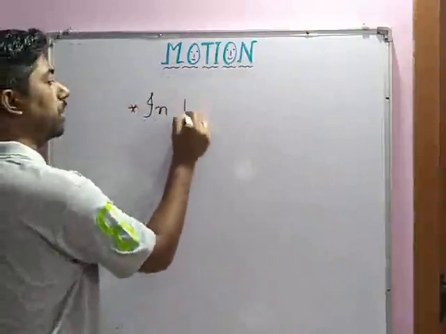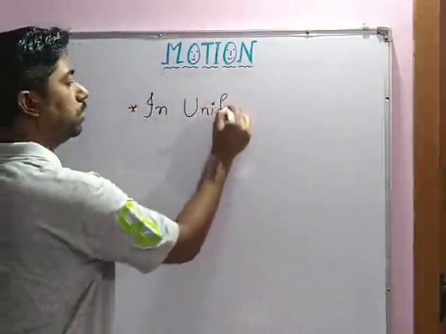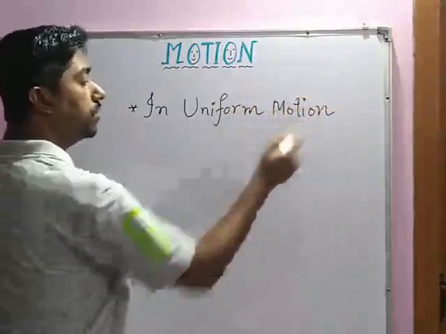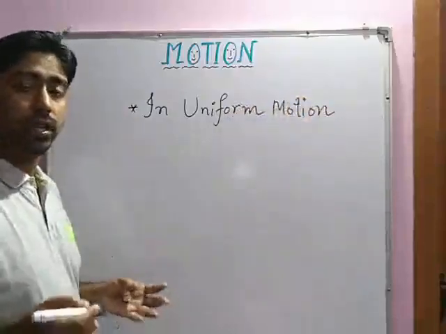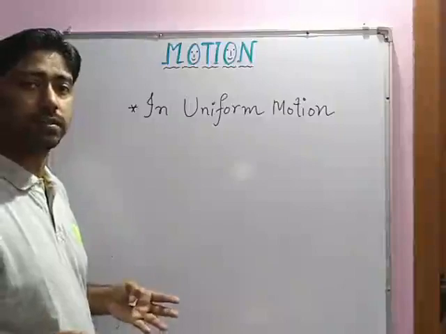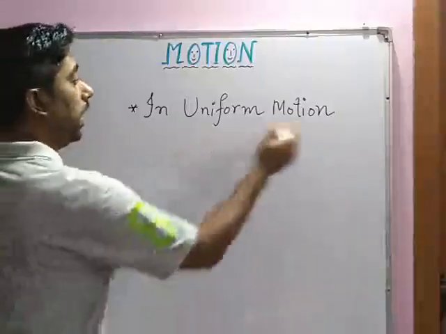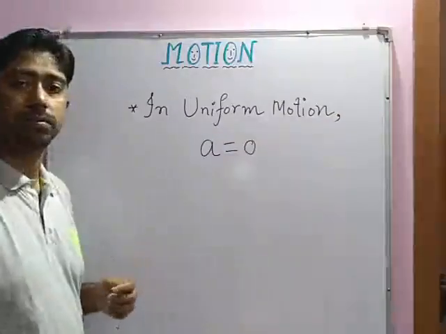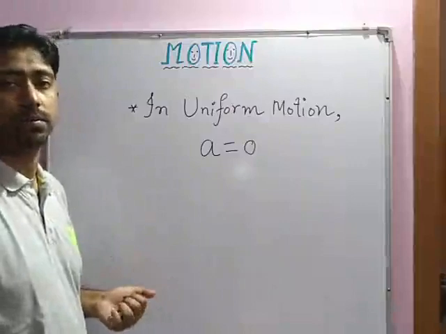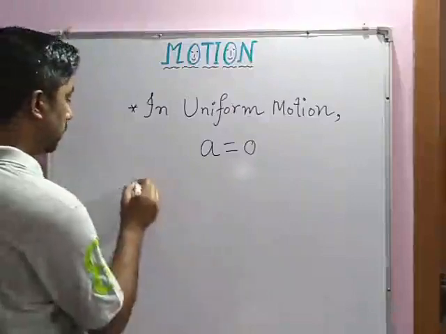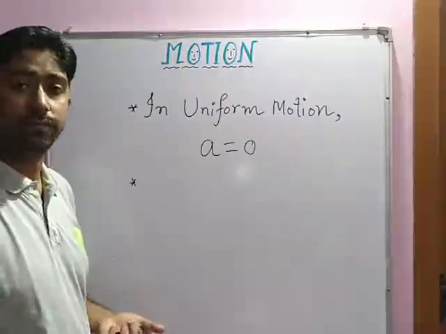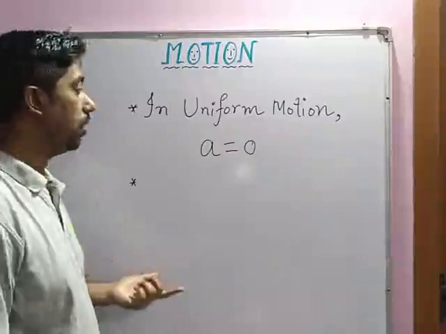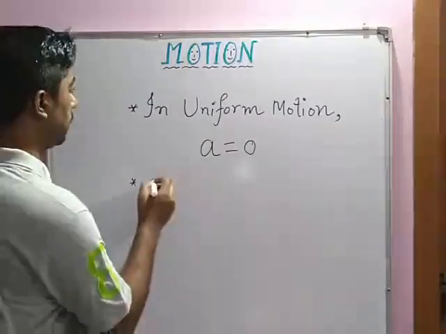In uniform motion, since there is no change in velocity, acceleration is 0. So acceleration of a body becomes non-zero when it is under non-uniform motion.